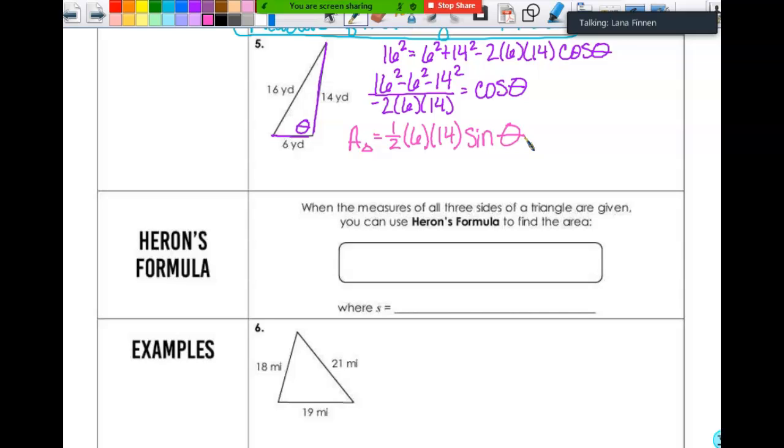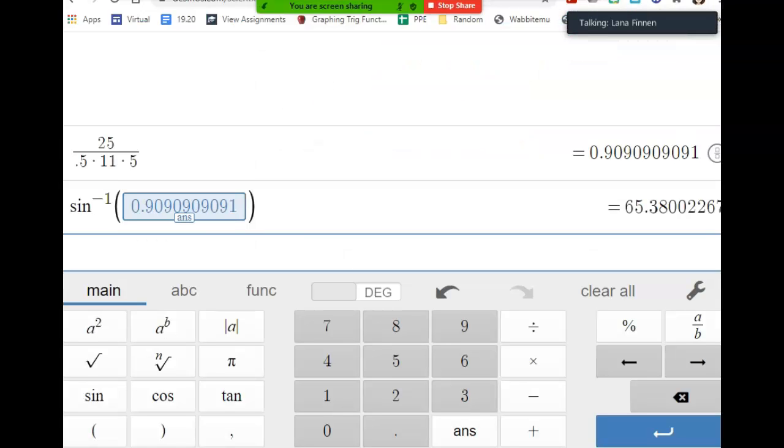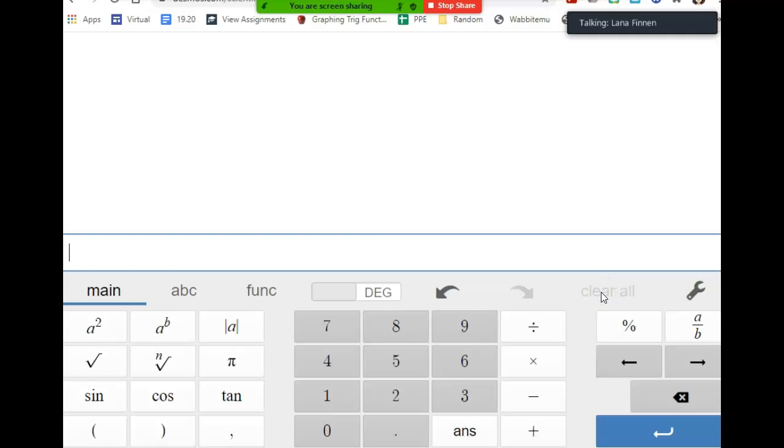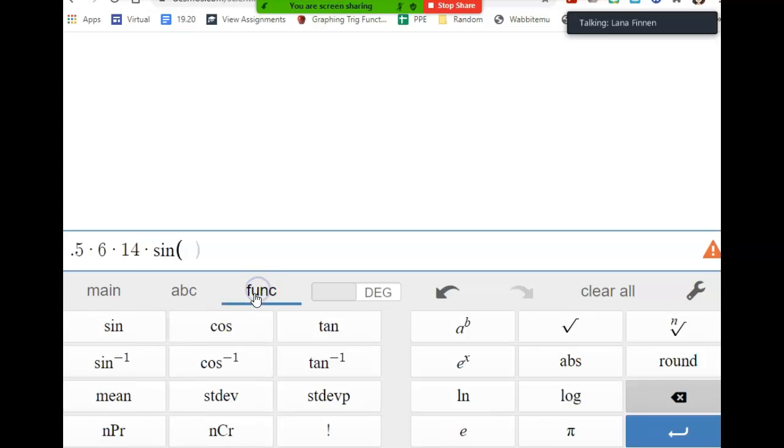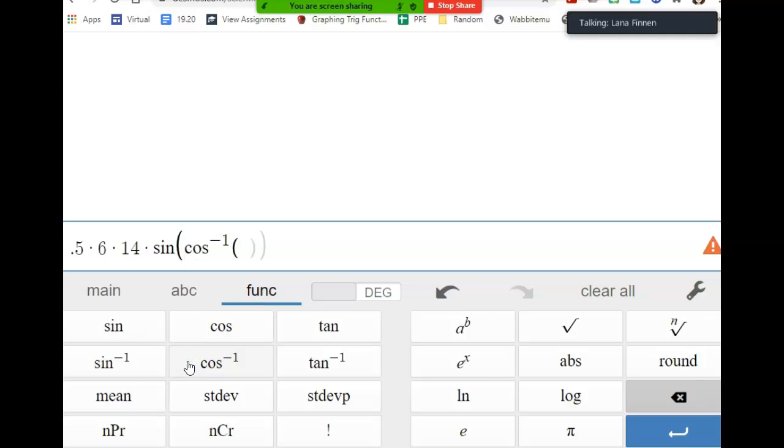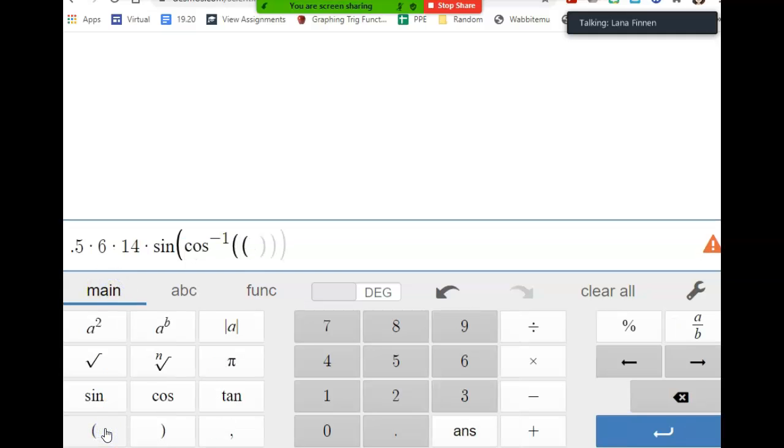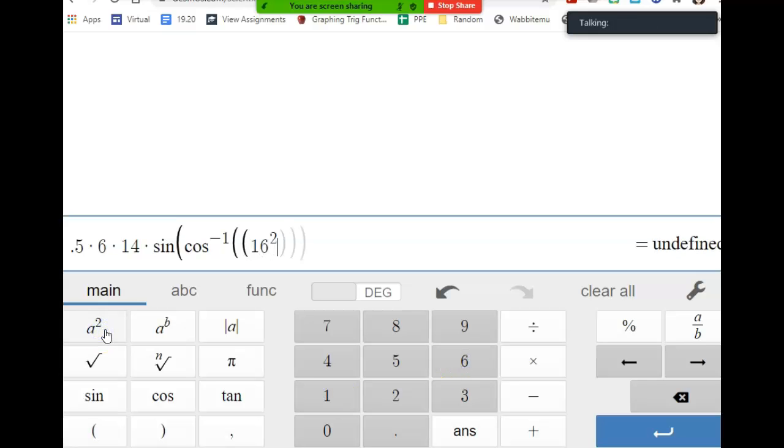Okay, so I'm just going to type it in all at once. So clear this off. So give me 0.5 times 6 times 14 times the sine of the cosine inverse of 16 squared minus 6 squared minus 14 squared.